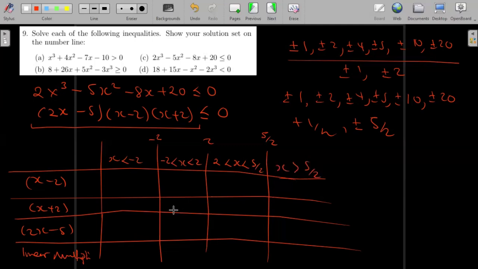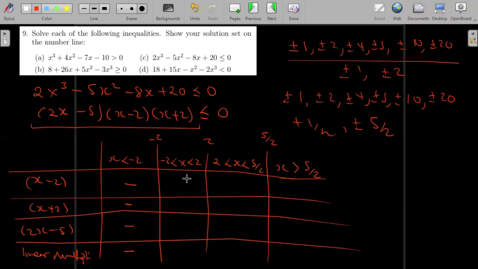So you check these values now. When you replace your values with anything less than negative 2, you expect a negative. It gives you a negative when you multiply these, since we multiply negative by negative by negative, which gives a negative.